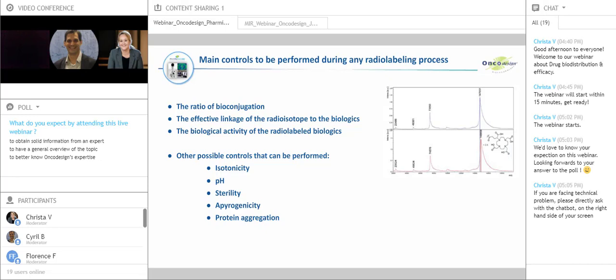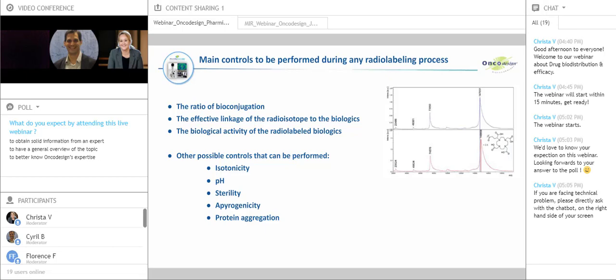We also have to check the linkage of the radioisotope, covalent or bioconjugation, and the biological activity. Commonly, depending on where your chelating agent is bound to your molecule, it may affect your biological activity. So it's very important to control that before any in vitro or in vivo experiments.